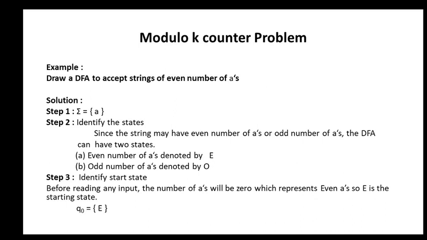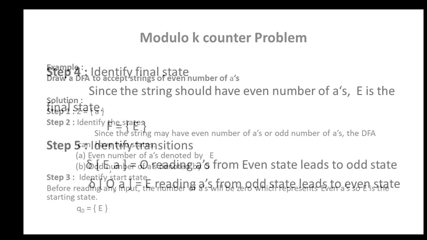So E is the starting state. E is nothing but the even number of A's. That's why q0 is equal to E.